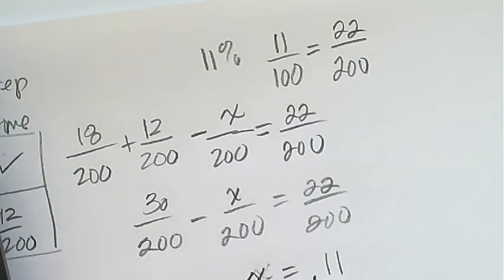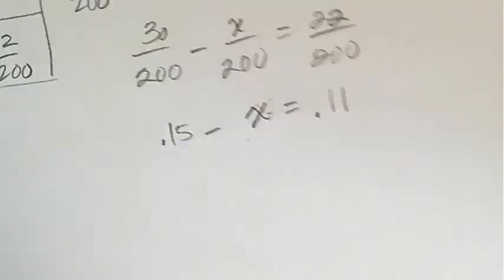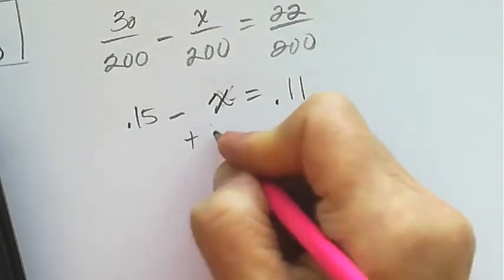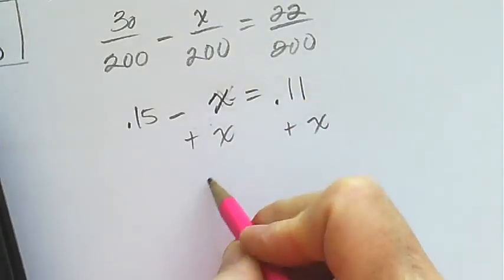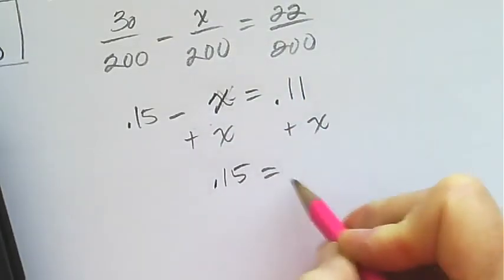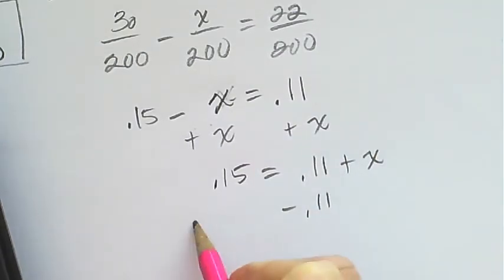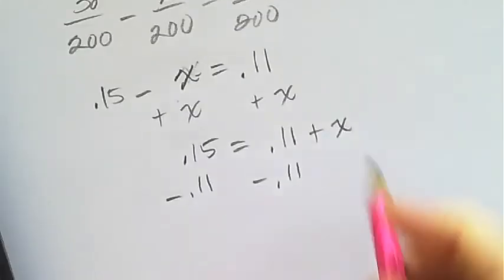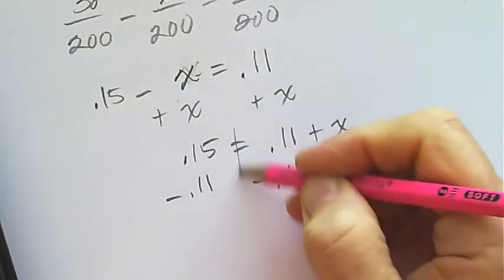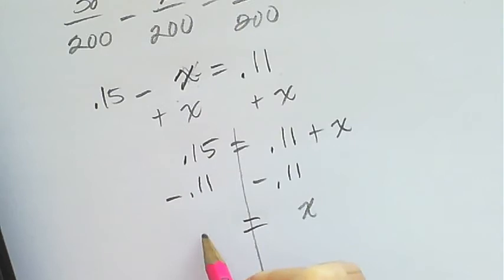So I kind of like to just move this over to the other side. So 0.15 equals 0.11 plus X, and then subtract whatever's on the same side as X. So that's going to be 0.04, so that would be 4% of the time.